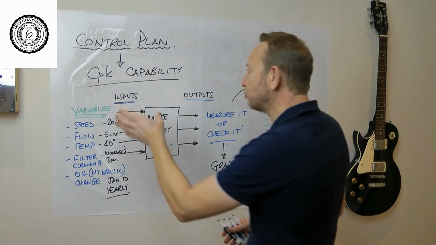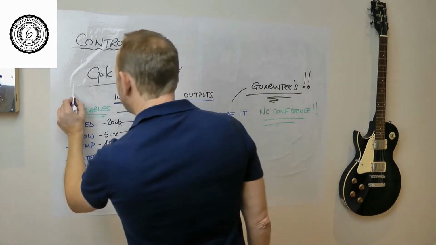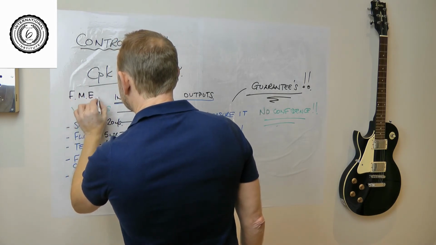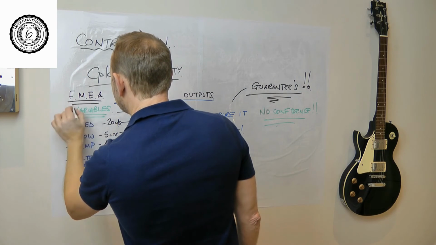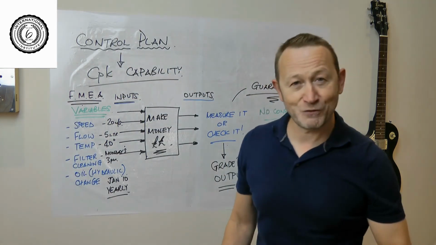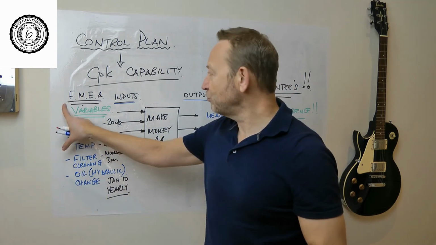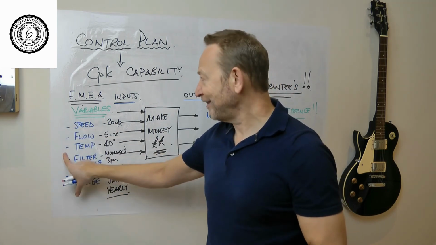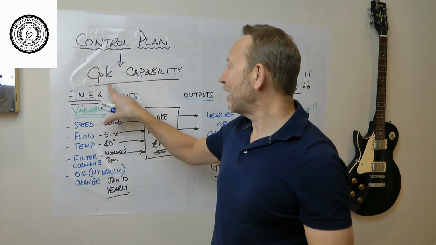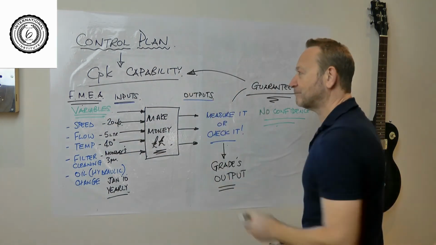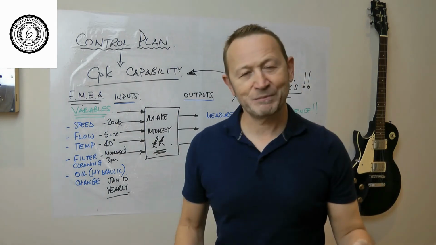Now, of course, what you're supposed to do is you're supposed to make this flow out of your FMEA process. That's what an FMEA is for. It's to create the initial control plan. If you used your FMEAs properly, that's exactly what they do. They would also, of course, guarantee the process capability.